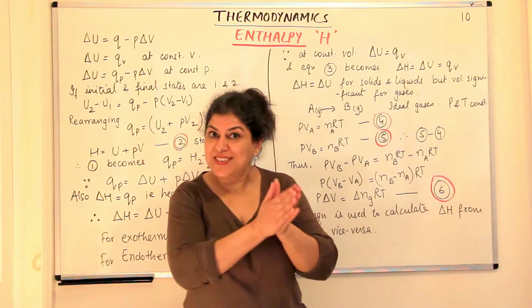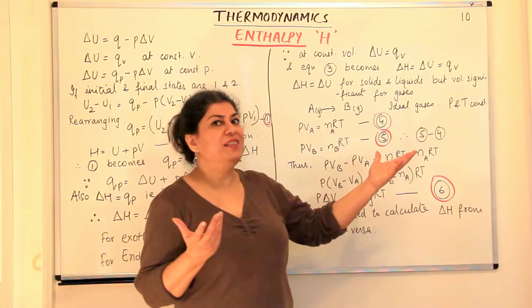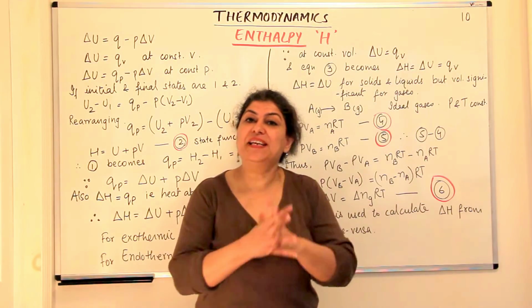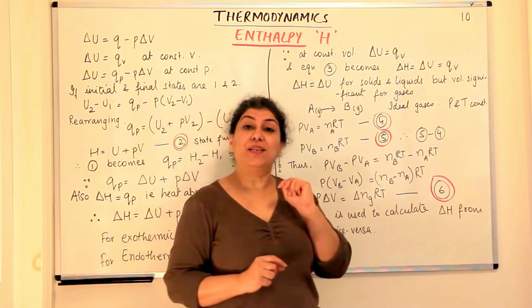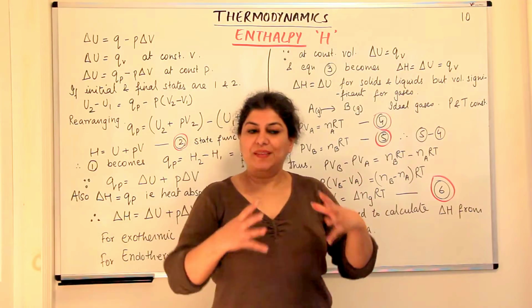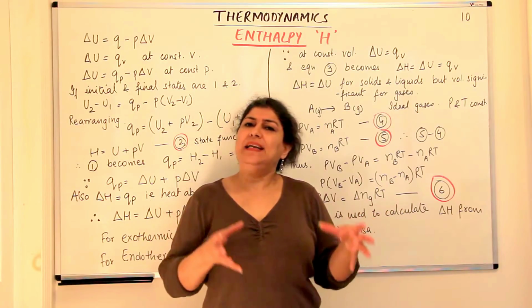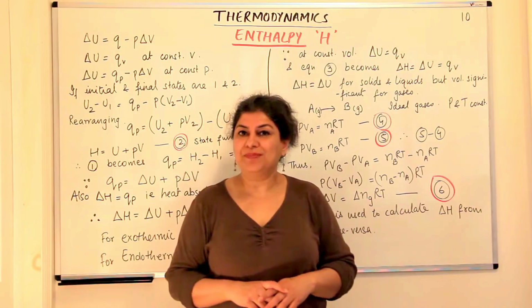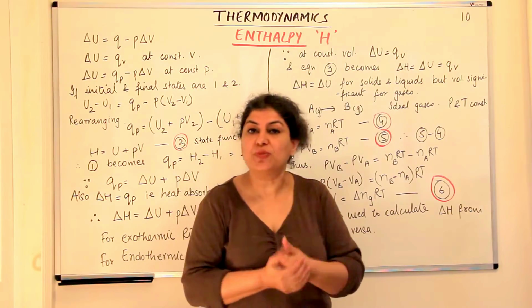If the volume is the same, then there is no practical difference between delta H and delta U. And when is this important? In the previous chapter where we did the states of matter, I told you that gases are compressible. A change in the volume of a gas is very easy, but liquids and solids are almost non-compressible. Their molecules are so closely packed that they cannot be compressed.